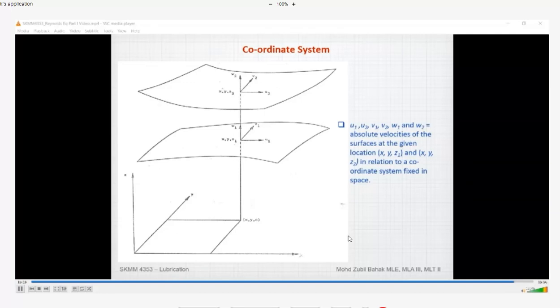Then we have another point on the second surface, where at the point z2 we have a velocity u2 in the x direction and v2 in the y direction, and then we have w2 in the z direction. With this figure and the boundary condition that we have here, from there we can find the constants a, b, c, and d.